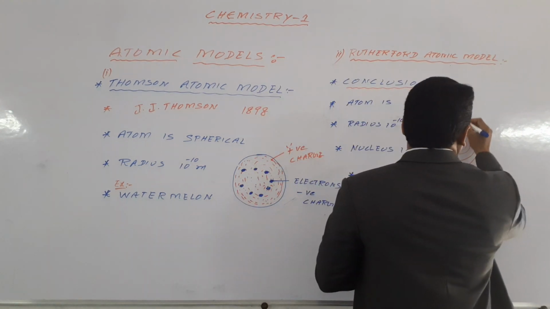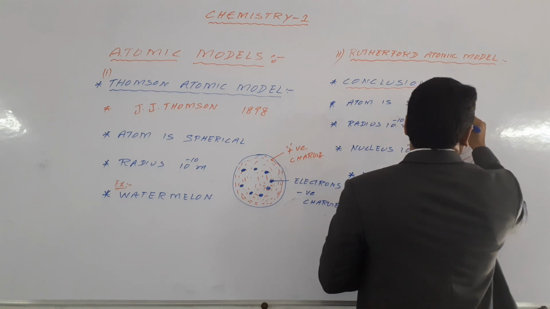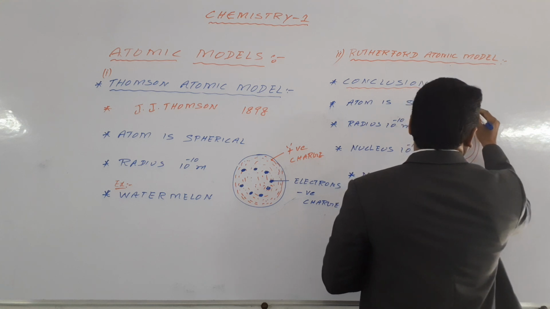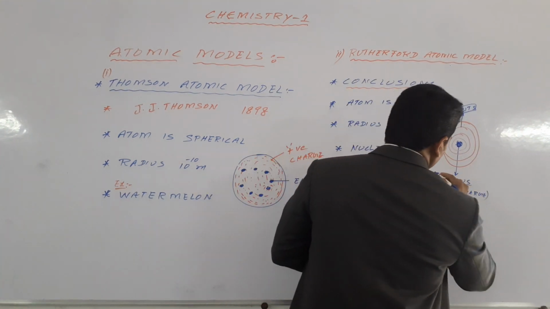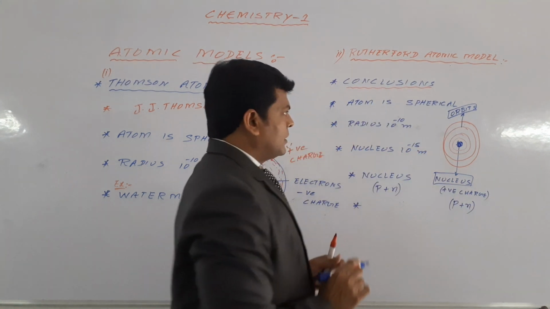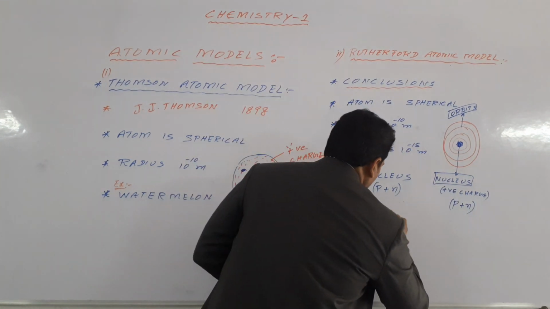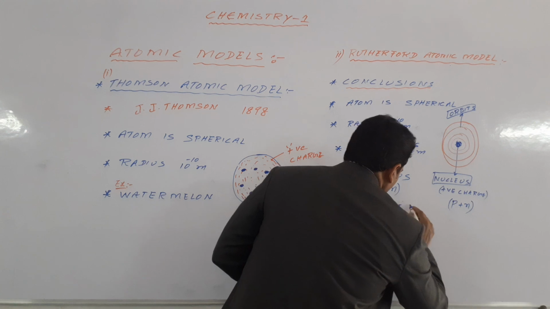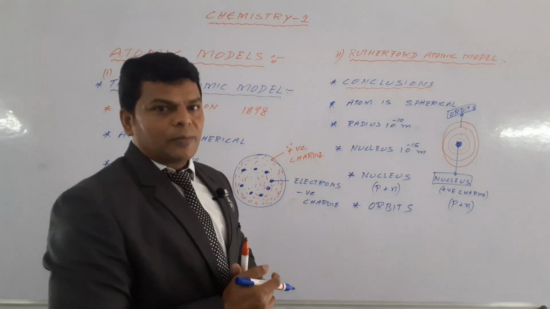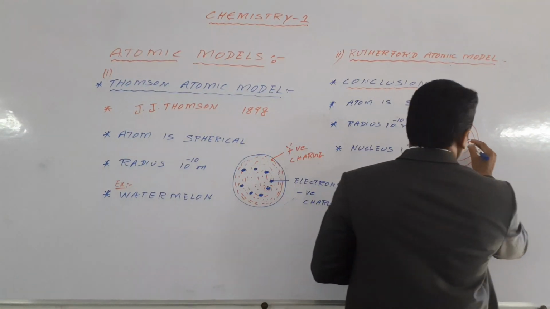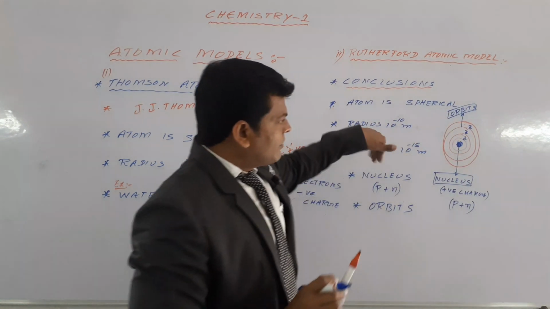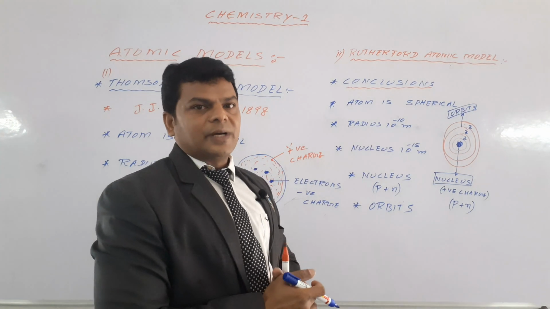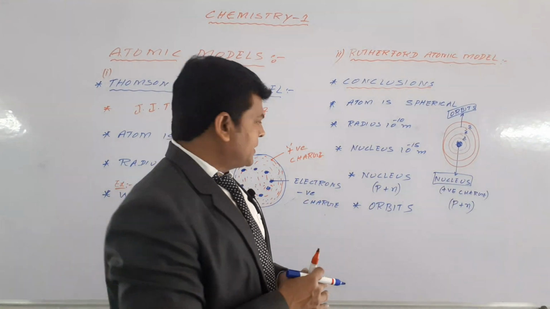This is the nucleus, and these are electrons. Electrons revolve around the nucleus in circular paths, and these circular paths are called orbits.